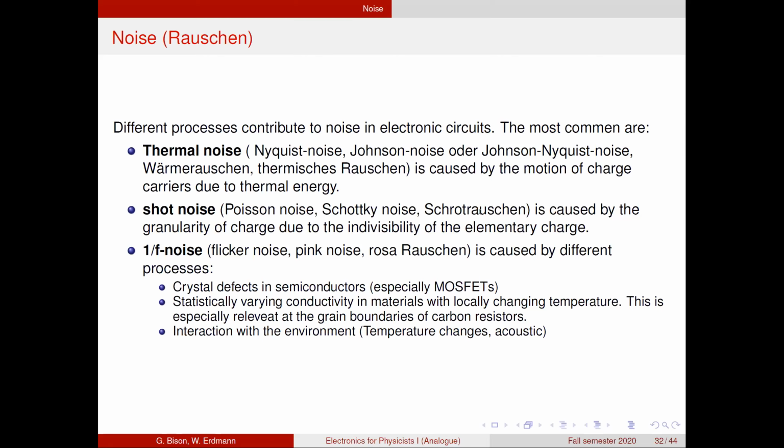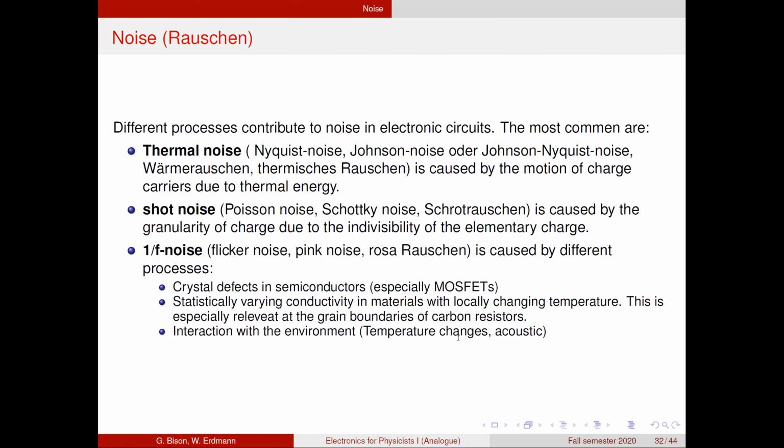So if you have a material, for example, the grain boundaries in carbon resistors. So you have grains that are pressed together, and the current flows through the points where those grains connect. Then it can heat up, and then a different grain could have a better path. And so the current basically flickers around between different paths, and this produces noise.